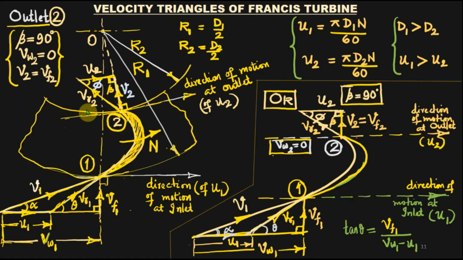Obviously we know that VR2 will be greater than VR1, not like the impulse turbine where VR2 is ideally equal to VR1, and in actual practice VR2 will be less than VR1. But in the case of reaction turbines, VR2 must be greater than VR1 because of the increase in kinetic energy of flow as the water flows through the runner vanes. So VR2 must be greater than VR1.